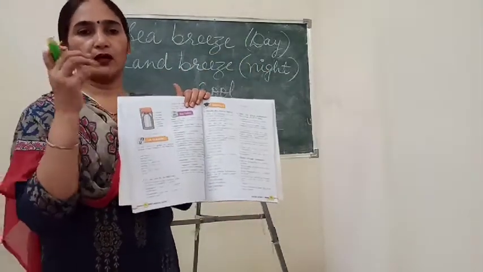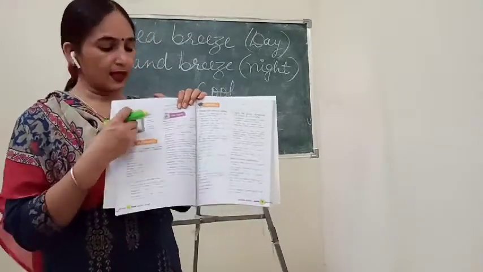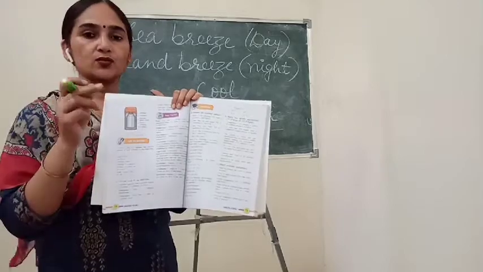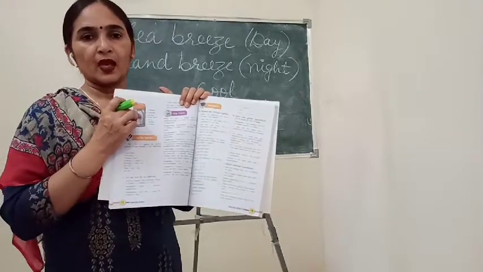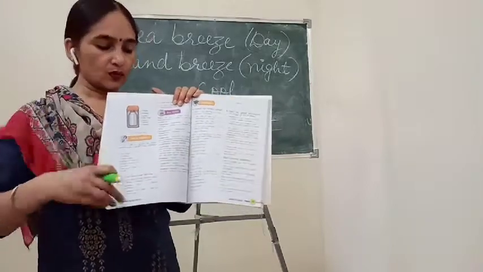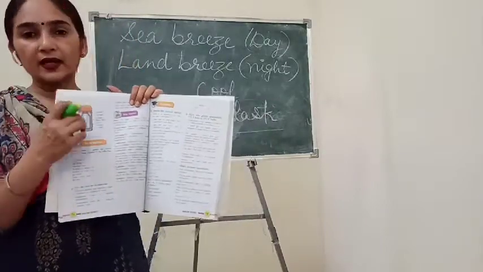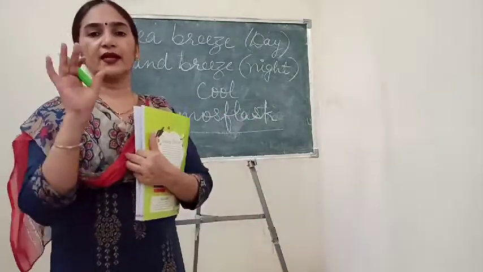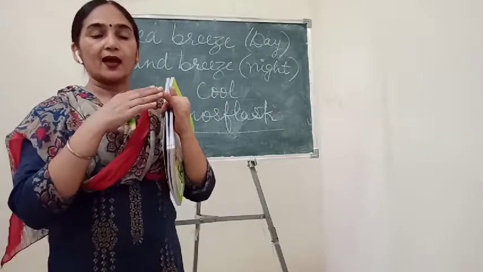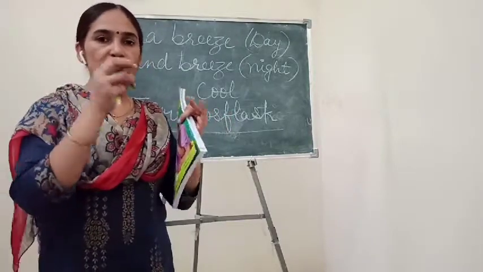When you look inside any thermos flask, they have made a silvery coating. If it is made of glass, then also they make a silvery coating inside. And if it is of steel, then steel is already silver in color, shiny and silver. Because of that silvery, shiny part, heat radiations can't escape to the outside.